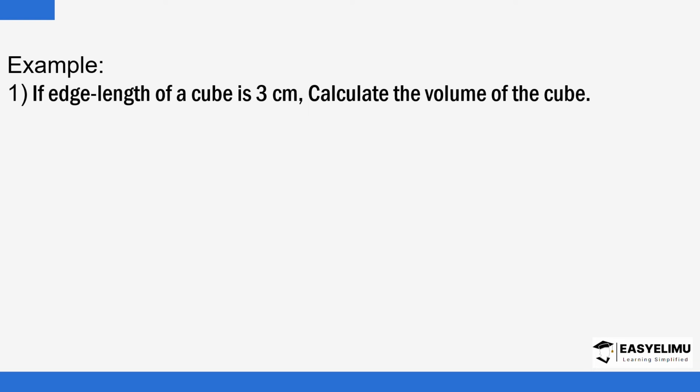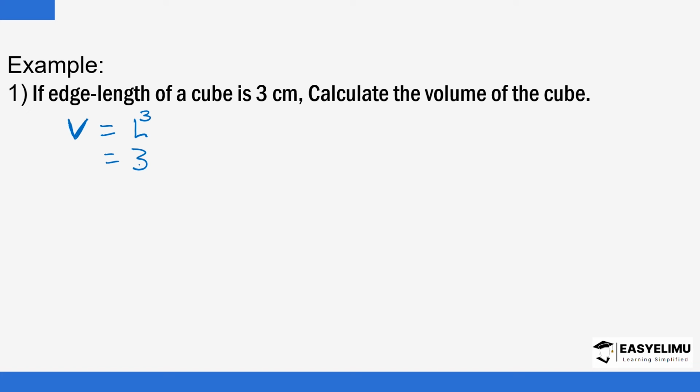If the edge of a cube is 3 centimeters, calculate the volume. This is easy because the formula is very direct. You simply cube the number that is given. So the volume is going to be L cubed.